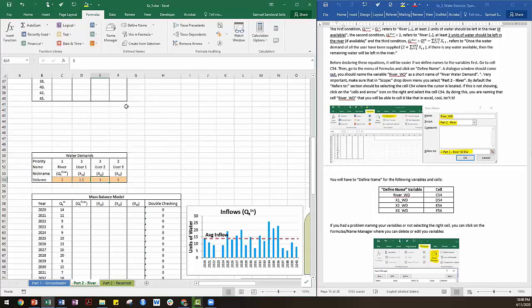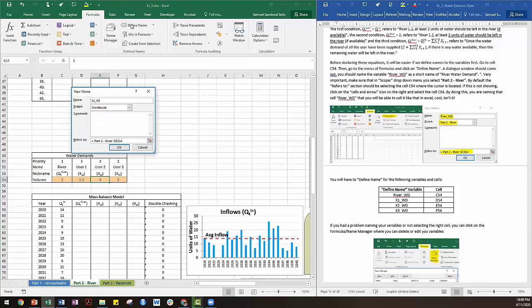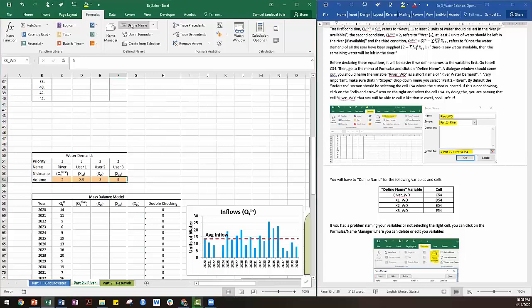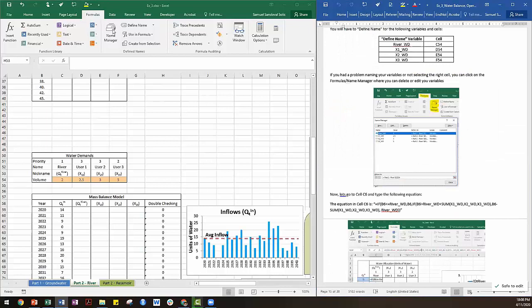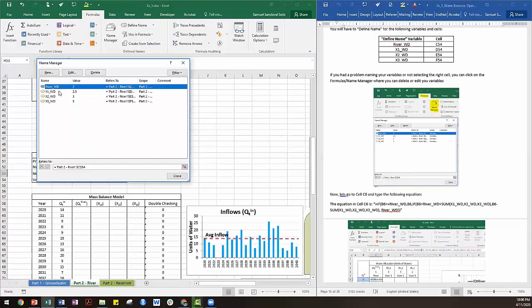Then we do the same with X2_WD, again saving it in the river sheet, and finally X3_WD. Notice that when you click here in the Name Manager, the names of the variables we have just created appear.